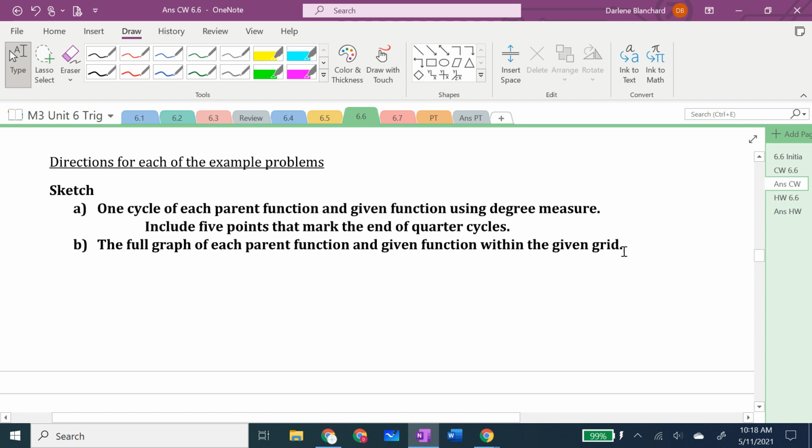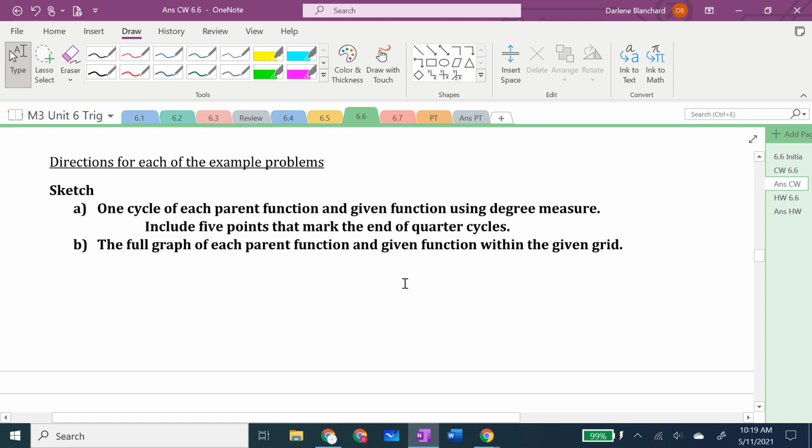Okay, when it comes to the full graph, I realize I may need to be a little bit lenient on you on this one, because some of these get to being a little bit too much. I want to make sure that you understand that the one cycle isn't the whole thing, but that from that one cycle, you can just keep redrawing it. So when I say the full graph, you can draw it as quickly as you want, and it doesn't need to be perfect or neat.